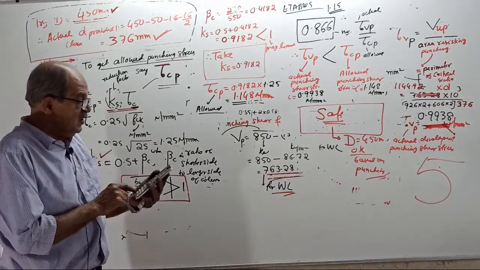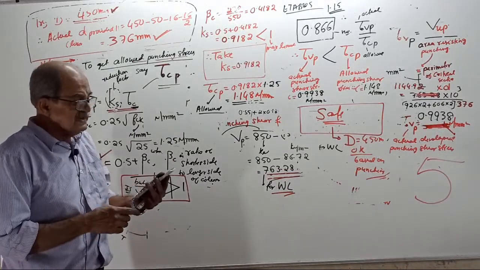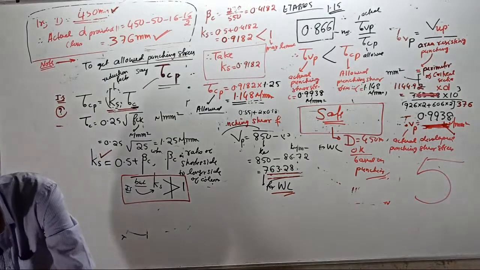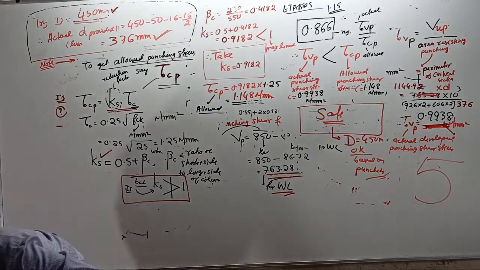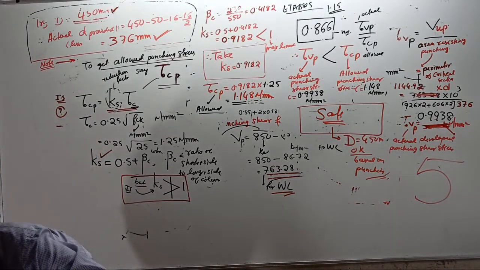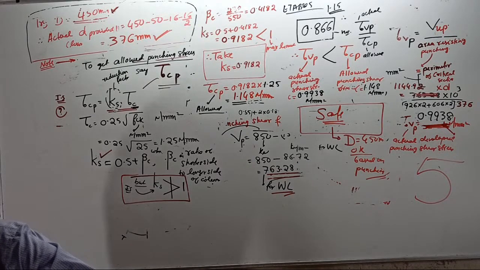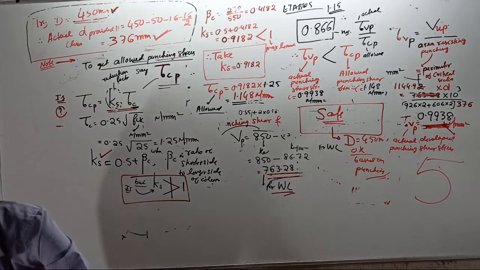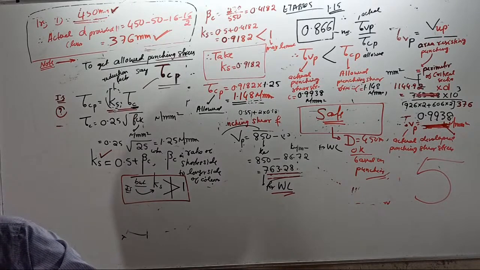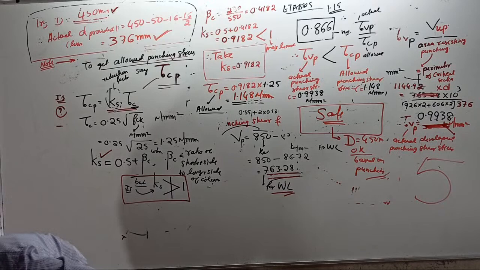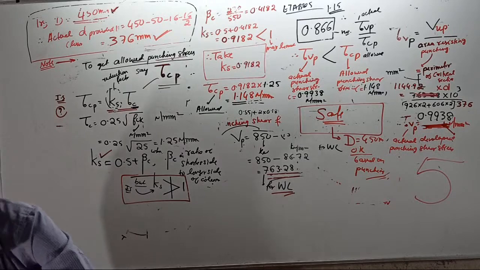Overall depth: 450 into 1.1, 10% more, is 495. Round off, 500.